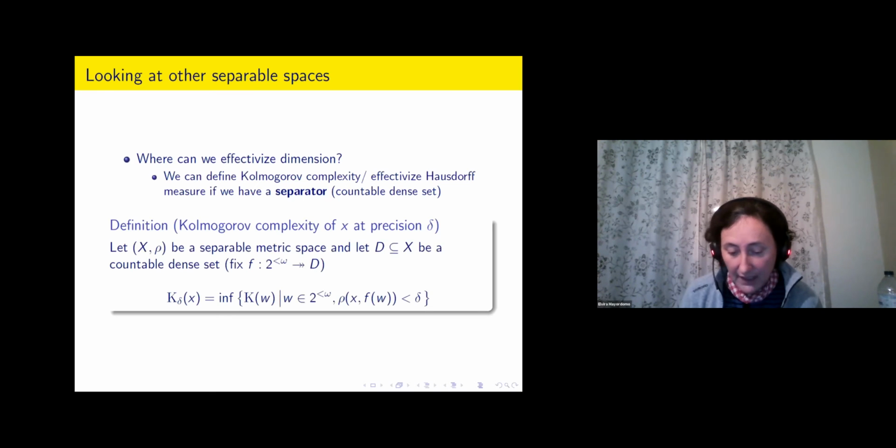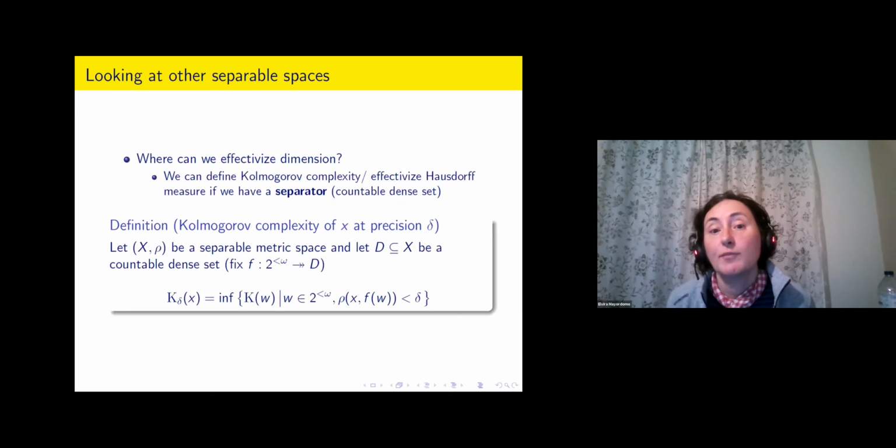So in any separable space, you play the same trick. You fix a countable dense set D, and you define a Kolmogorov complexity of an element x of the space X at precision delta. You just use the smallest Kolmogorov complexity of w, where w is the coding of an element in D. D is countable, so actually you don't only fix D, but you also fix the enumeration of D. And so this is the simplest representation of the element x.